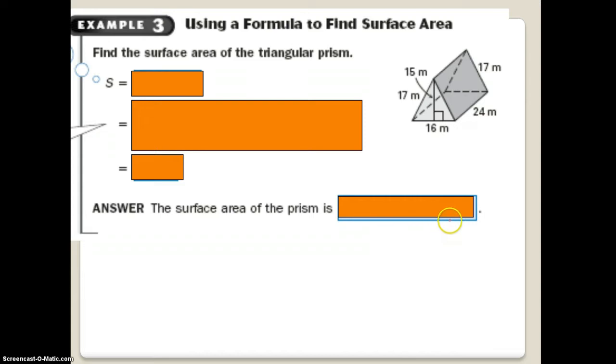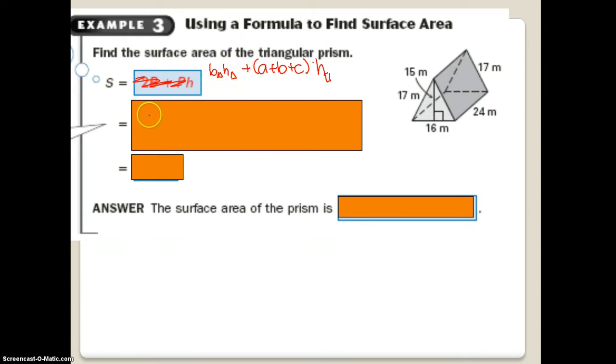So let's find the surface area of the triangular prism. Again, the formula they use I do not like. I'm going to use my formula, which is base of the triangle times height of the triangle, plus all the sides of the triangle added together times the height of the prism. I'll put it right here.